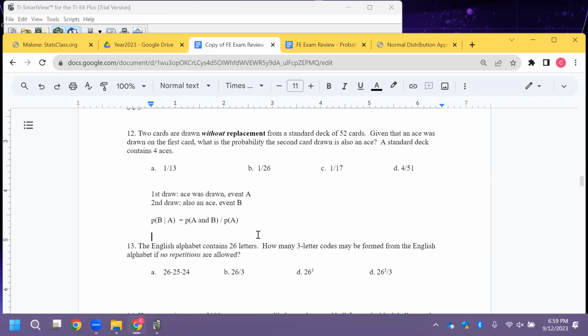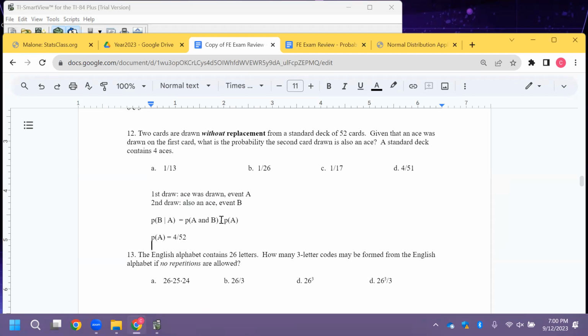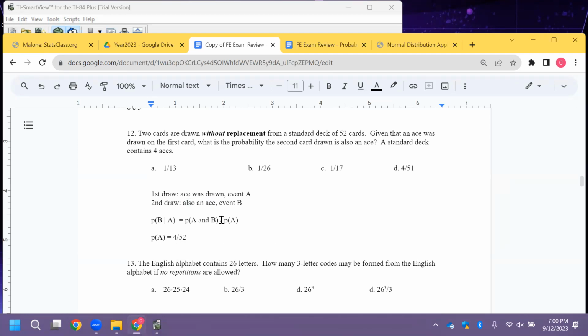There are 4 aces in a deck of cards, and I'm talking about the first draw here, so there are 4 out of 52 on the first draw. So the probability of A is simply 4 divided by 52. That's going to be my denominator. Now I need to know what the probability of A and B is.